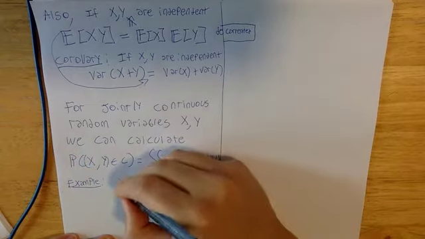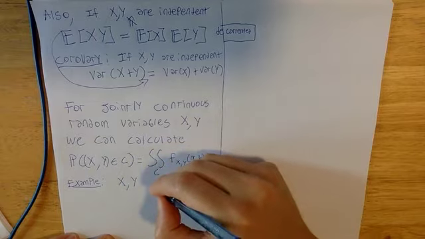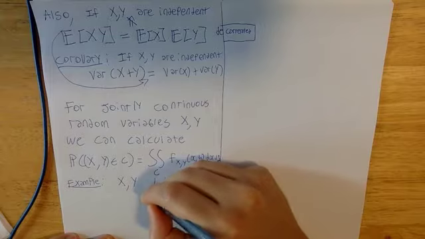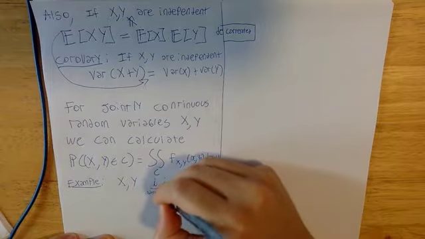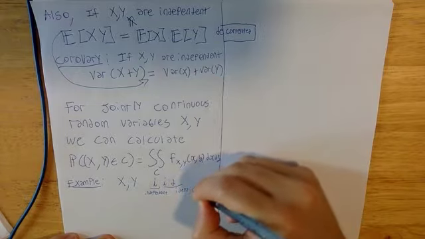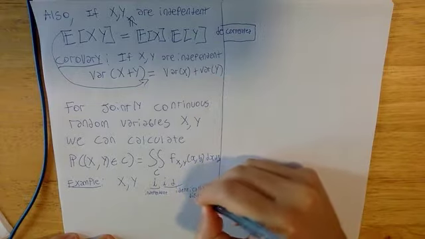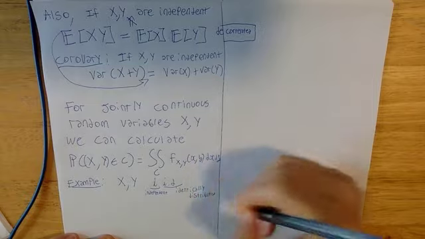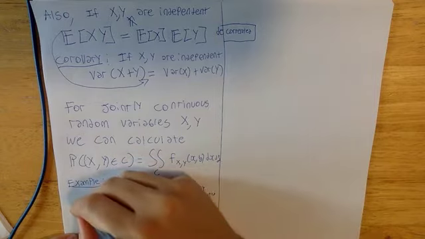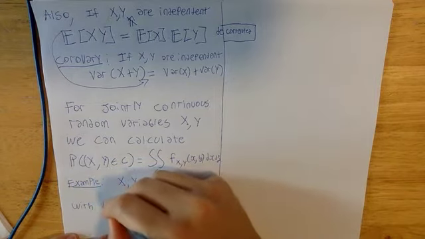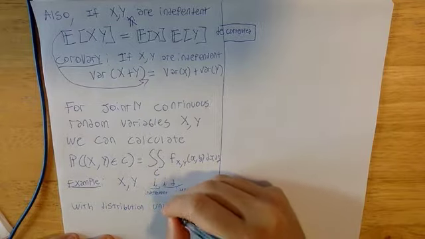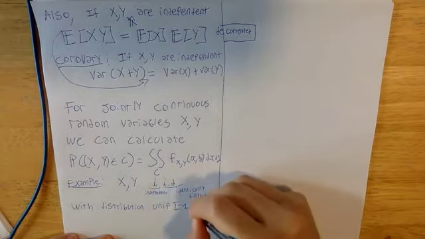Let's say that x comma y are independent and identically distributed, with uniform distribution in -1, 1.